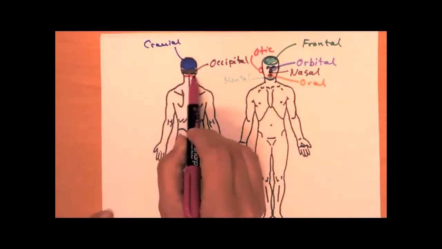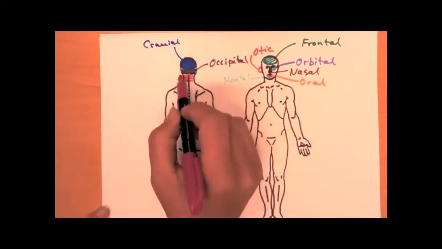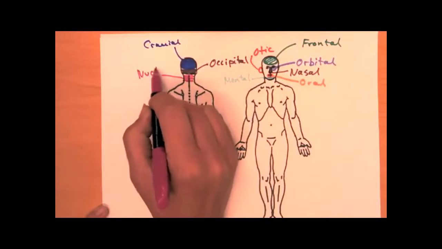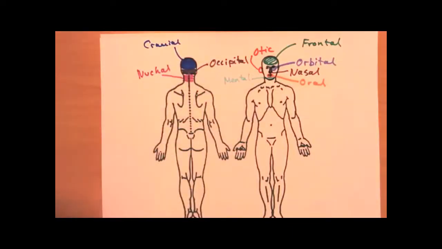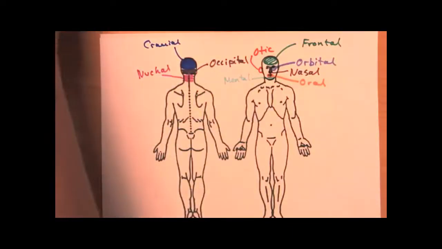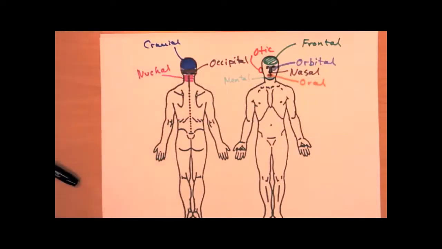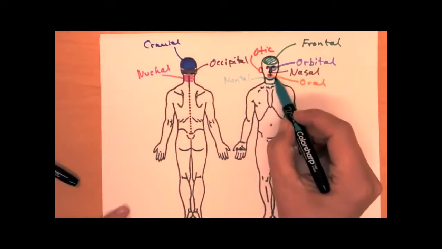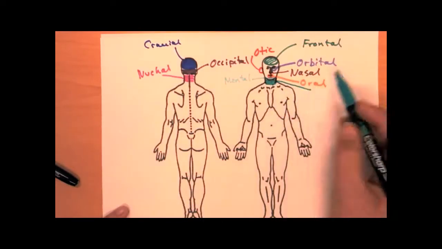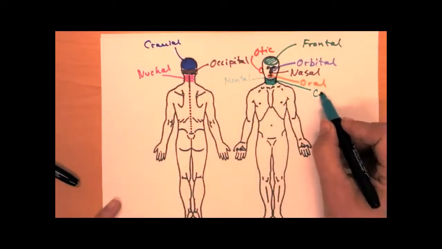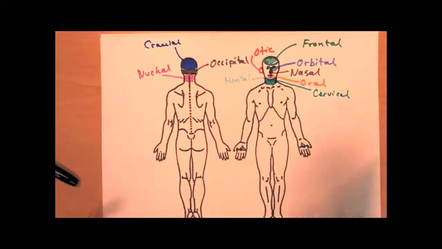Nuchal is like the back of the neck. And cervical is sometimes referring to the entire neck and sometimes just referring to the front of the neck. So just for clarity, I'm going to write these on opposite sides here. Cervical, the neck in general, and nuchal is just the back of the neck.